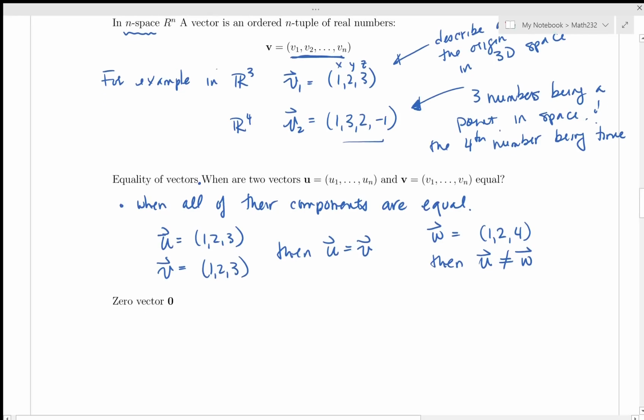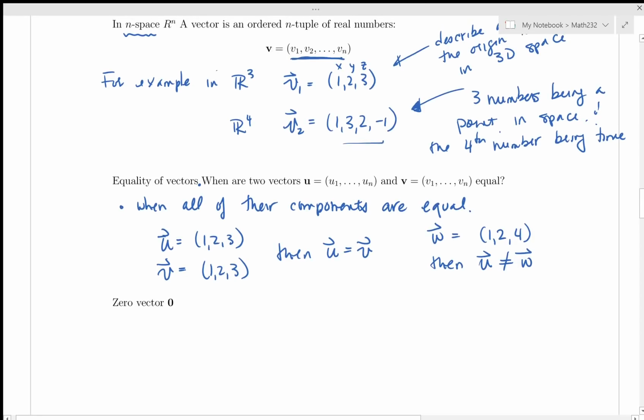The 0 vector, we already sort of brought this up. So in R2, the 0 vector is 0, 0. In R3, the 0 vector is 0, 0, 0, and so on. So in Rn, the 0 vector has n of these things.